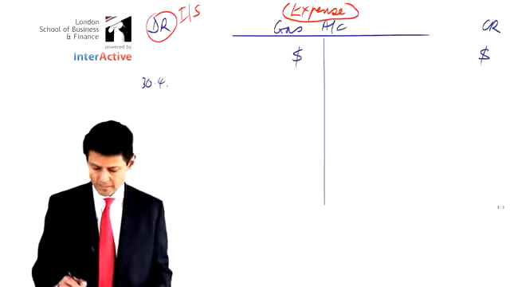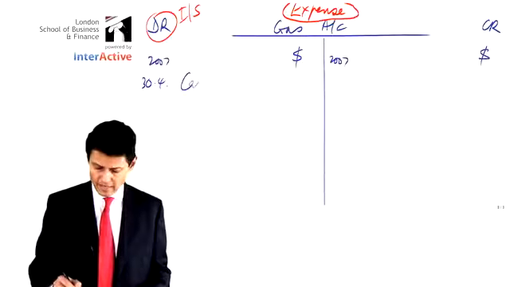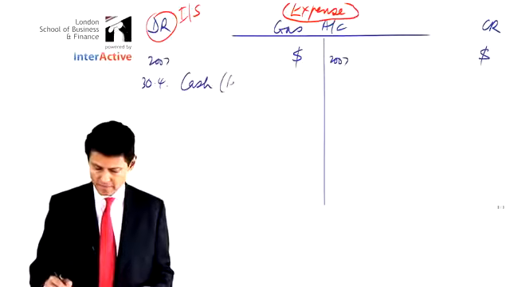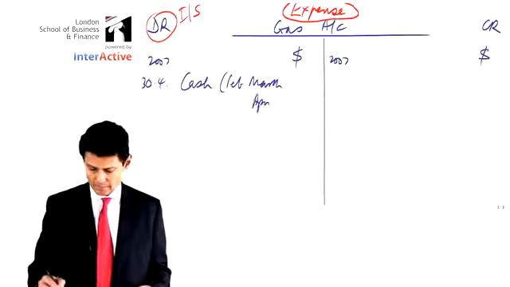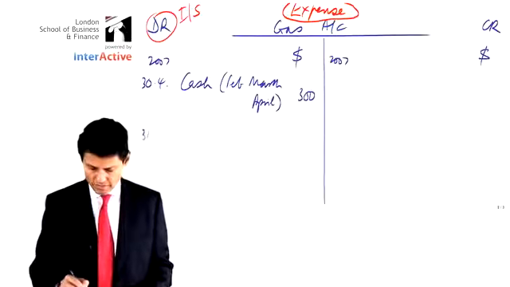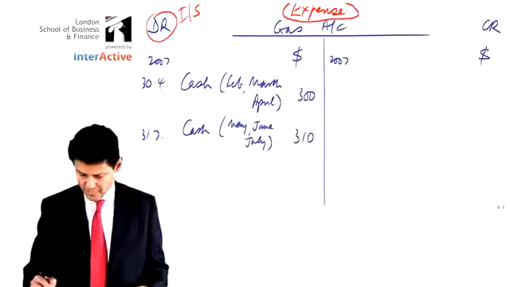On the 30th of April 2007, cash for the months of February, March and April, 300. And then on the 31st of July, there's another cash payment made for May, June, July, and that's 310.